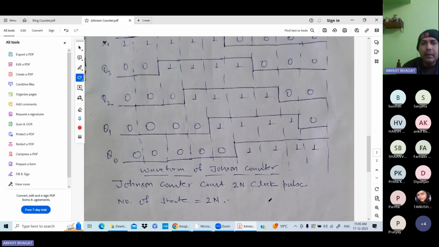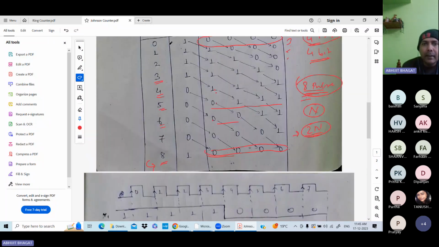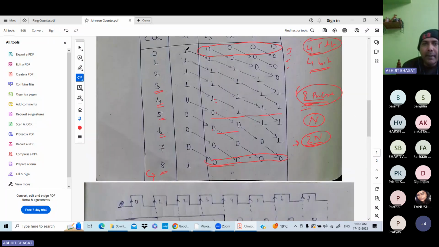For the Johnson counter, the count value is 2n. If there are n flip-flops, then it will count 2n clock pulses. The number of states is 2n, as discussed here. How many states are there? 0 to 7 means 8 states. After that, it is repeated.